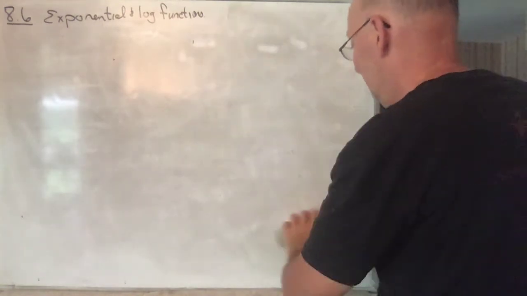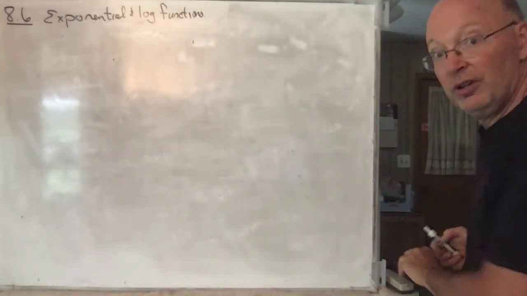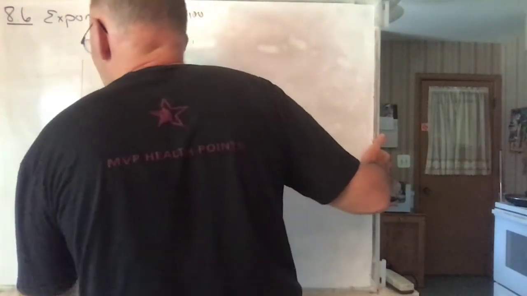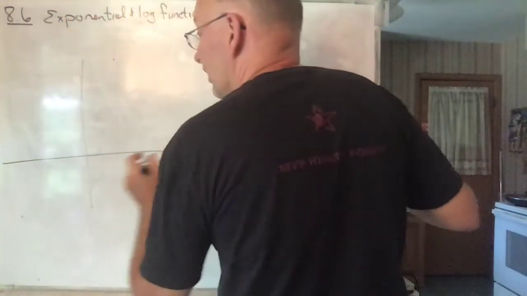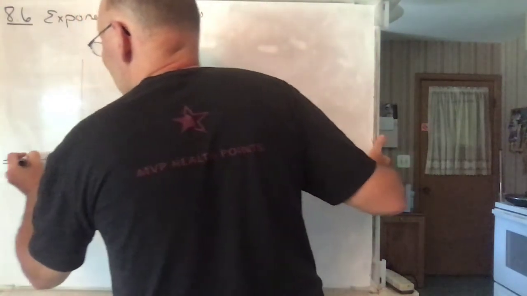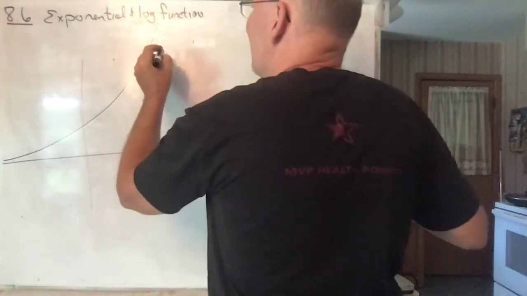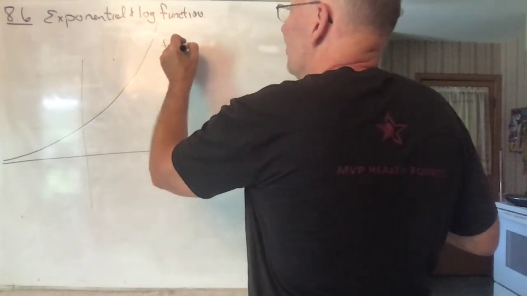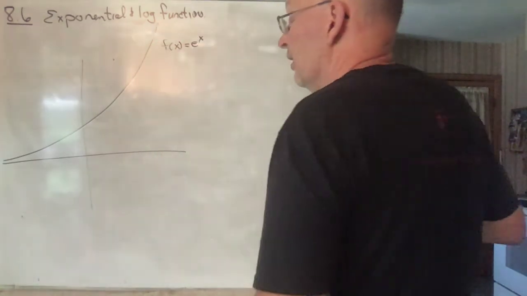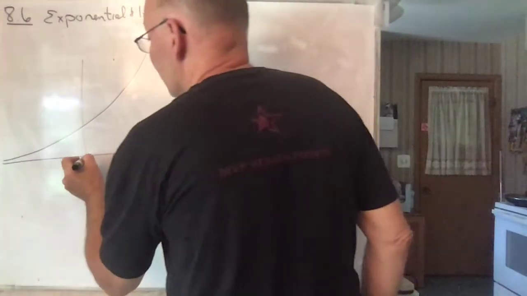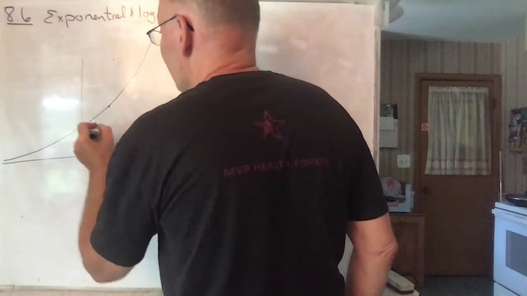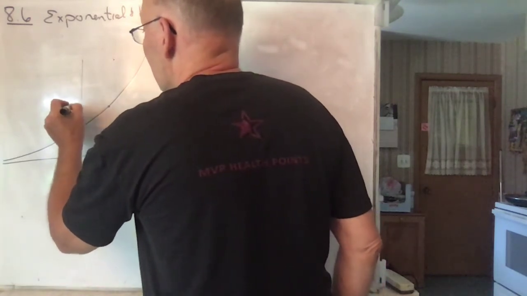Now, as I say, the most important of all those was e to the x. So let's graph that one again. There is the function. Let's call it f of x is equal to e to the x. And so here is 0, here's 1, and so this would be e to the first power right there.